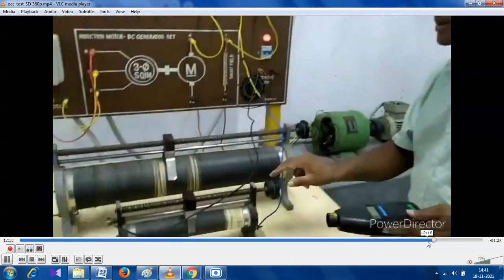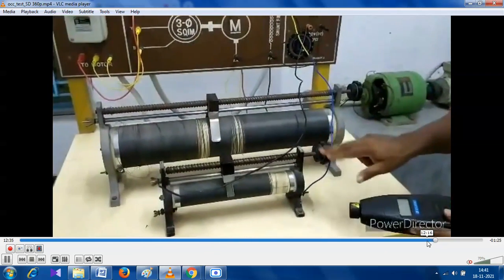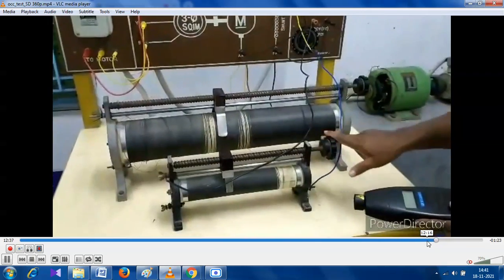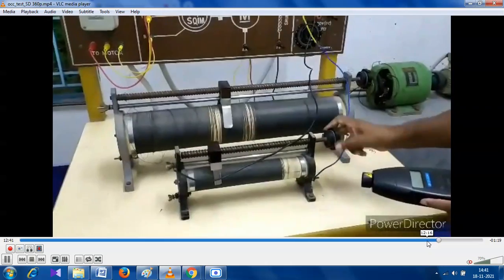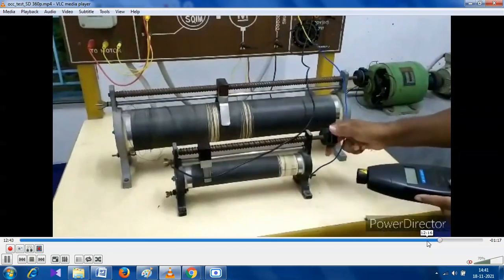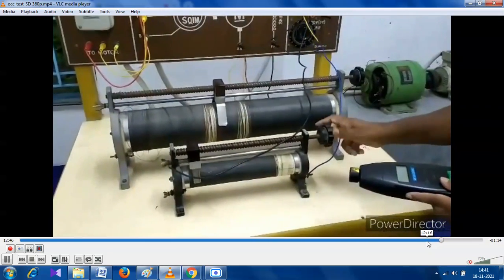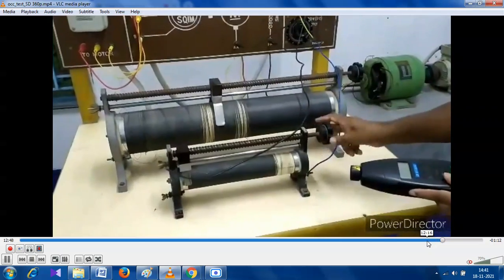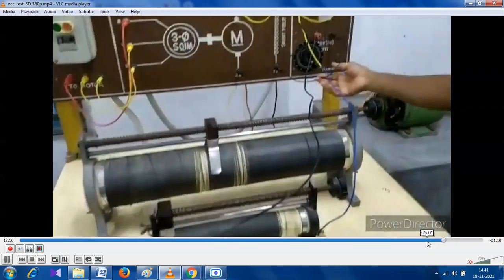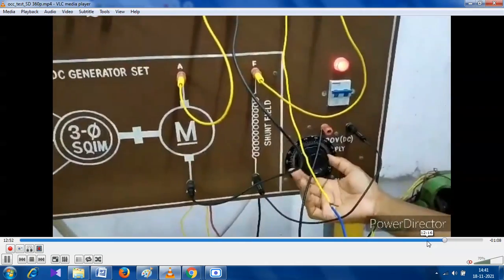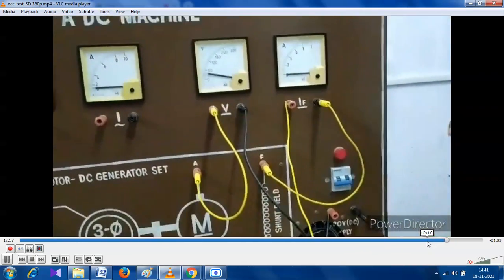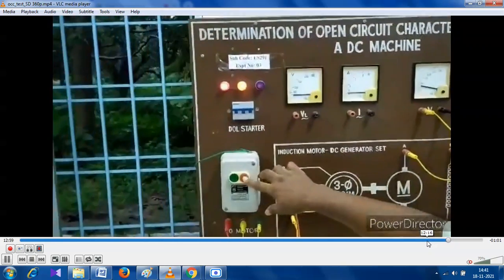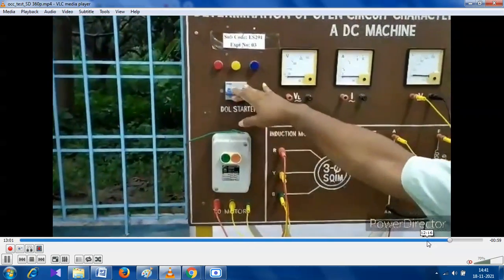Now we have reached the final point, and after that, at the time when we start, we have to go back to that point. After completing the experiment, we have to return the machine to its first position, from where we started.